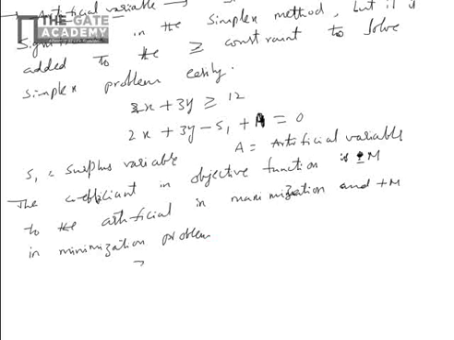Suppose in the above problem Z max equal to 4x plus 7y, then you can write it as Z max equal to 4x plus 7y plus 0 s1 minus M a, that is the modified objective function after introducing the surplus and artificial variable.